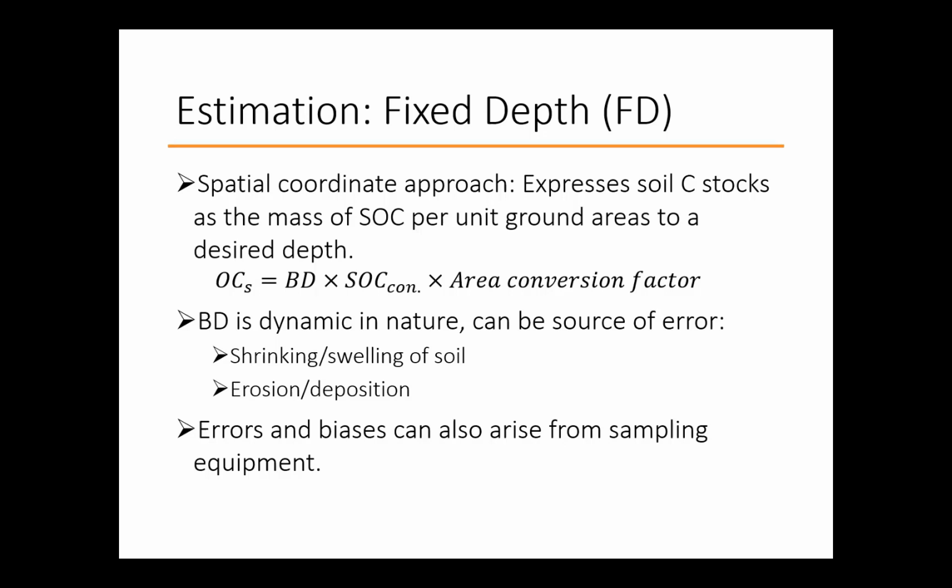But there's also that when we are taking samples from the field, there could be compaction due to sampling probes, or the sample may break, or there could be contamination or human error. So these need to be looked at when we are looking into the estimations for credits. The next method is called the spatial coordinate approach. I will refer to it as fixed depth, or FD, from here on.